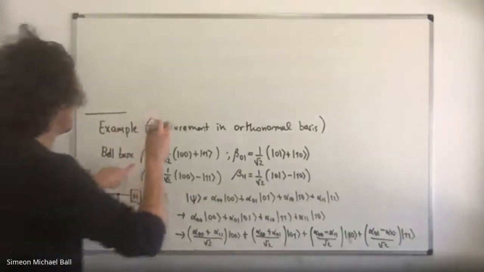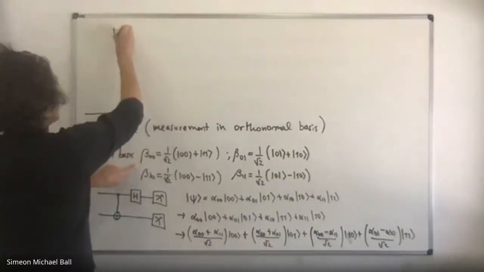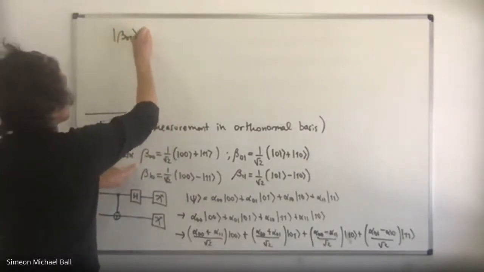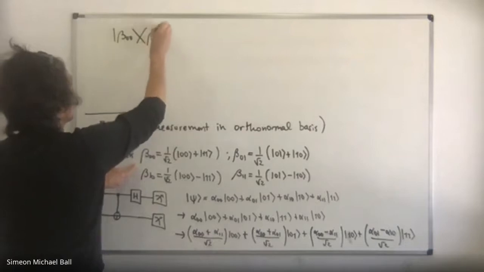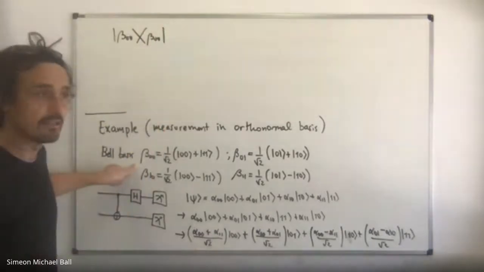So the measurement with beta 0 is this, okay? That's the measurement operator.